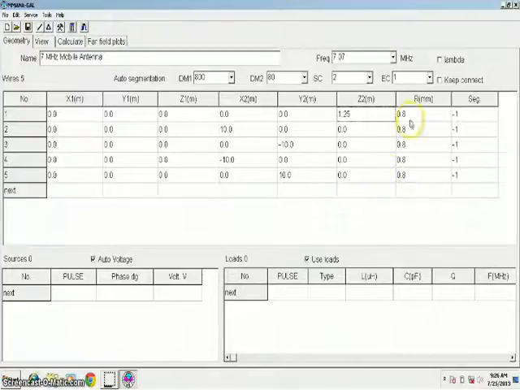Enter. And radius is half of diameter of the element, is 0.65 as what the whip radius.